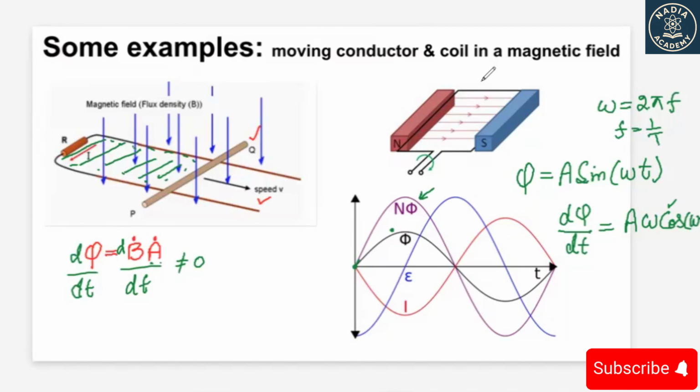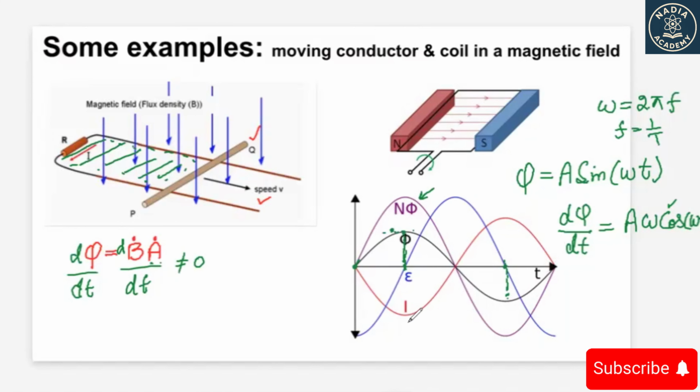First it is going up, now it is going down. That is why at this point our tangent is zero, so our induced EMF is zero, meaning the gradient is zero, the derivative of flux is zero. And similarly, it is zero over here.